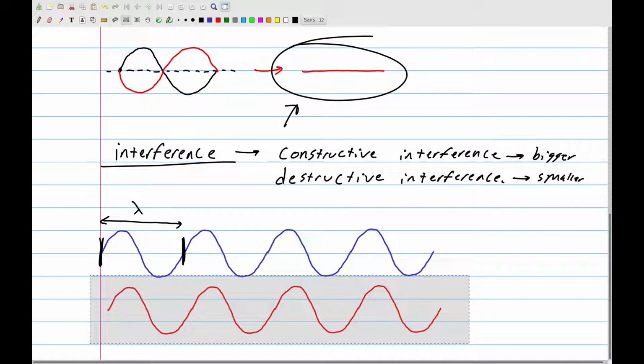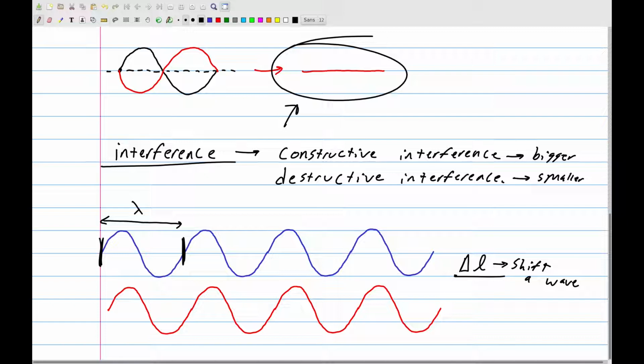So that means the shift, a lot of times we call that delta L. And delta L is going to be how much we shift a wave. How far is the difference in length that the waves are traveling? How far have we moved it?